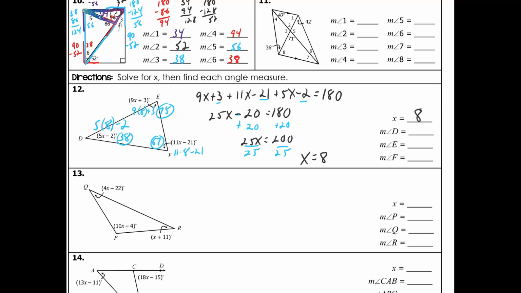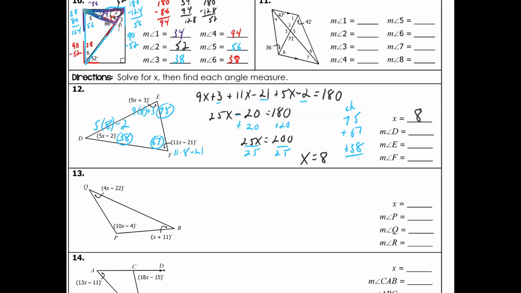Now I'm just going to check it because I always want to do this in geometry. I want to check my work if I have a way. And I know that these should add up to 180, so I'm just going to add them all together and make sure. So I'm going to use my calculator, and I'm going to check. Here, let's just put this as a check. 75 plus 67 plus 38. And I'm just going to make sure that's 180.